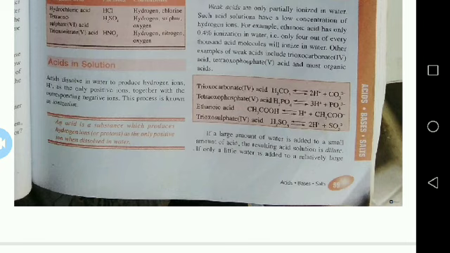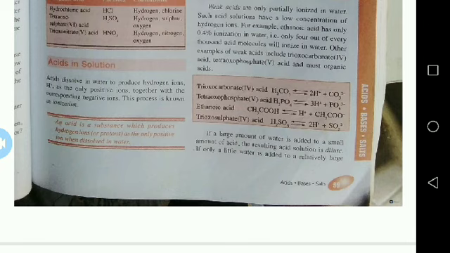Anions are negatively charged ions. And we said the process by which acid dissolves in water to produce hydrogen ion as the only positive ion is referred to as ionization.